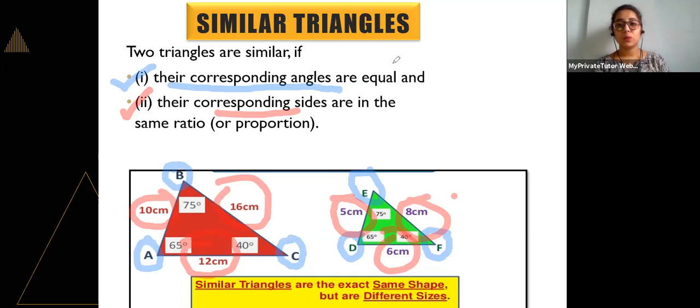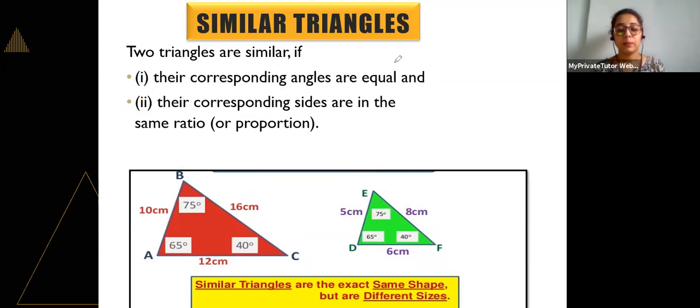Both of these triangles are similar. Similar triangles are the exact same shape but different sizes. Both of these triangles are the same shape. They have equal angles as well and sides in proportion, but they have different sizes.